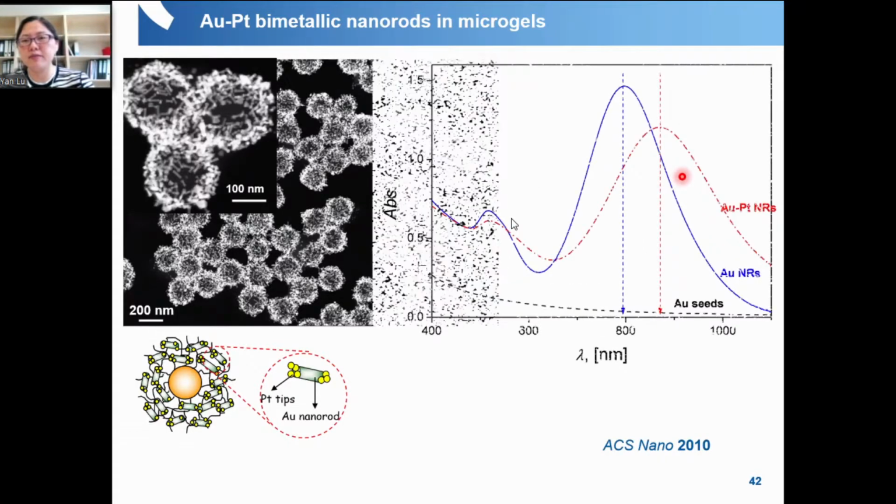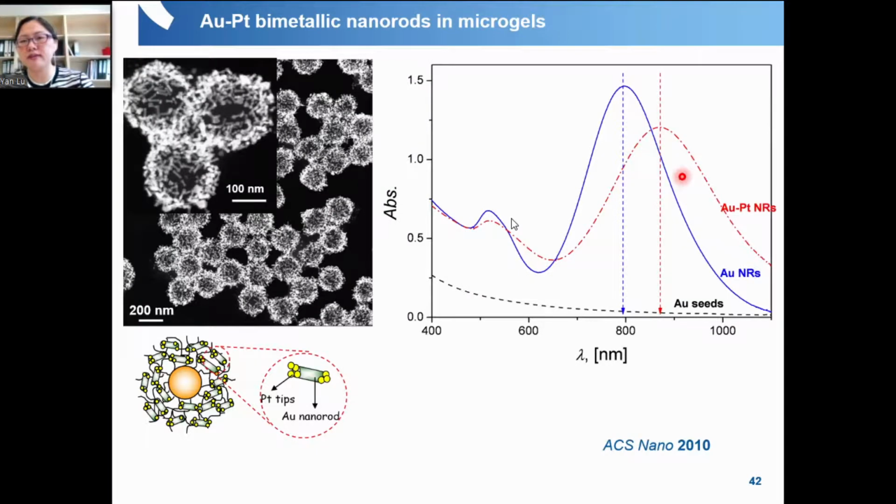And meanwhile, of course, you can also follow the optical property of your particle. So you see after deposition of platinum on the two tips, you have a red shift, because in that case you have a kind of elongation of your particle, because the length aspect ratio of your gold nanorods is increasing. That's why you have a red shift.